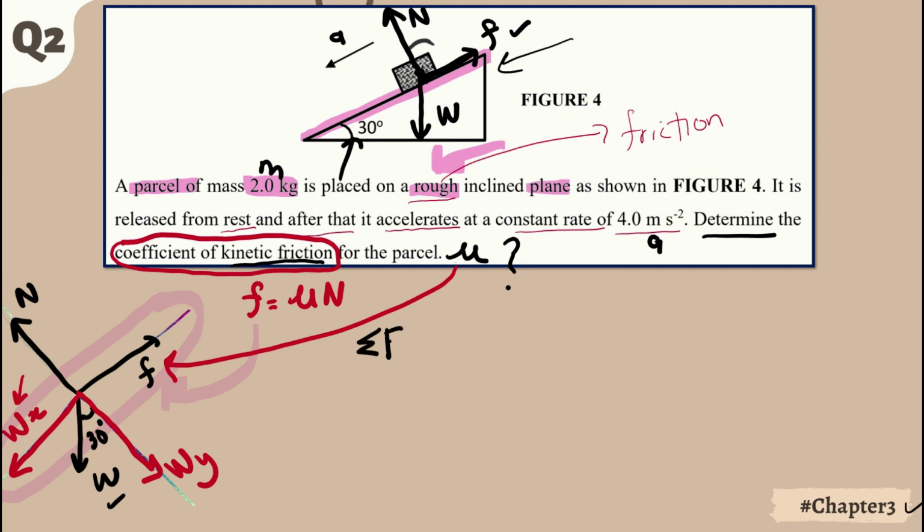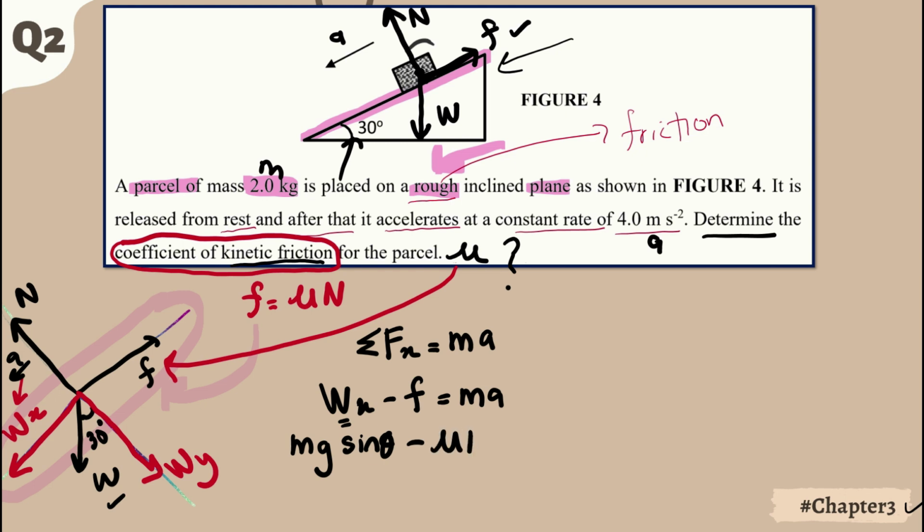Summation of Fx is equal to ma. In the x-axis we have Ws minus friction because the motion is in this direction. So Ws positive minus friction equals ma. Then we expand the equation. Ws is equal to W sine theta, or mg sine theta, minus friction, which is mu N, equal to ma.